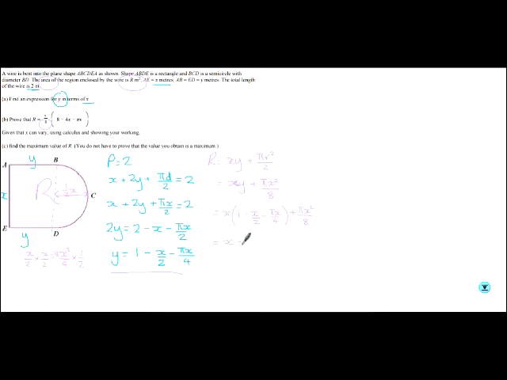So we get x minus x squared over 2, this is looking good, minus pi x squared over 4 and plus this pi x squared over 8.